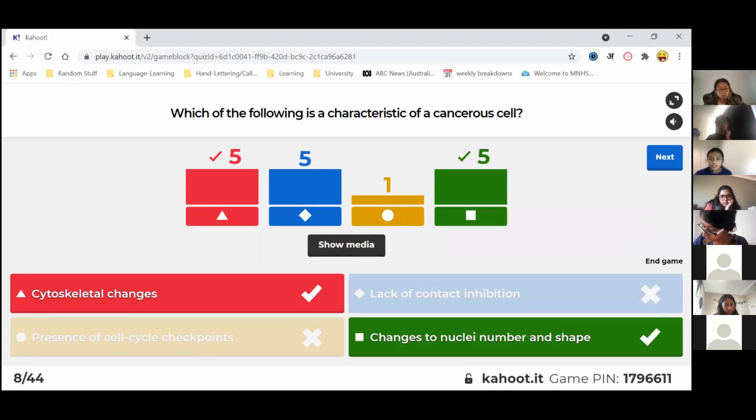There would be changes to the nuclear number. Yes, there wouldn't be any contact inhibition, because that is what you would find in a normal cell, which is what prevents the clumping together. And there would not be the presence of cell cycle checkpoints, hence why there's continuous growth.